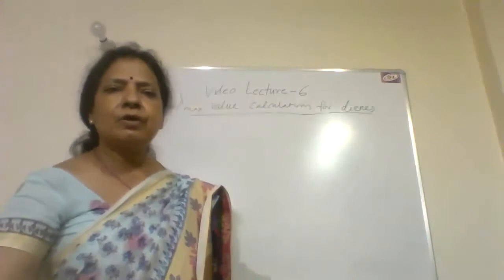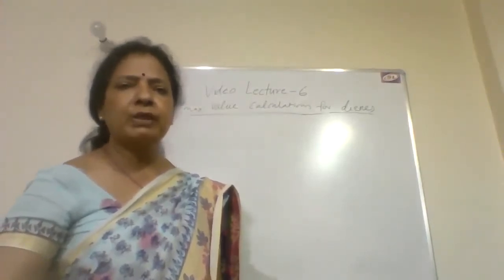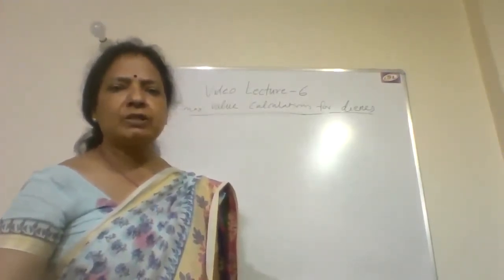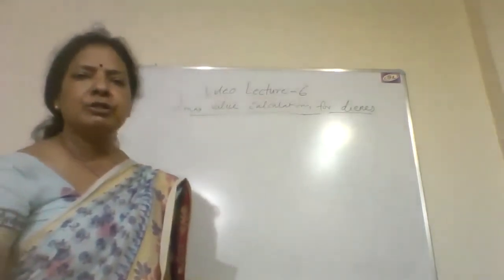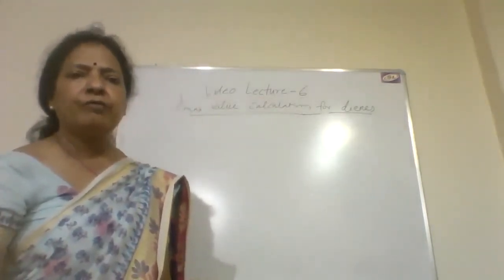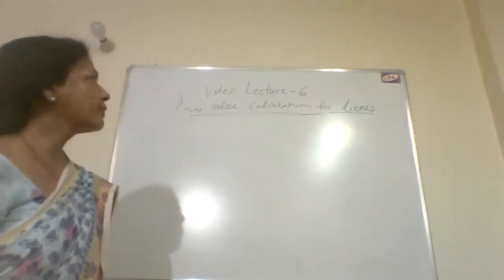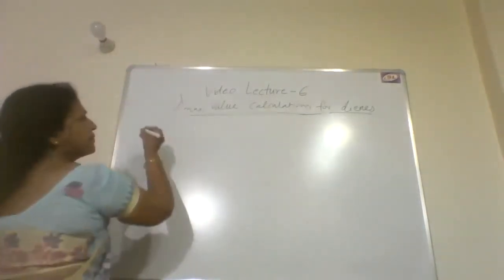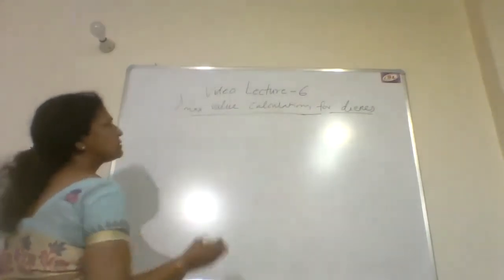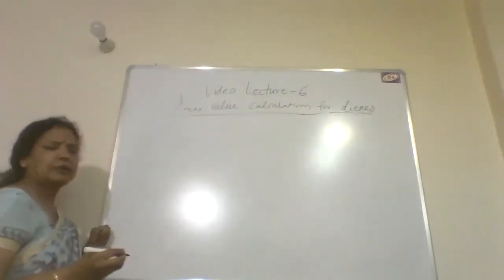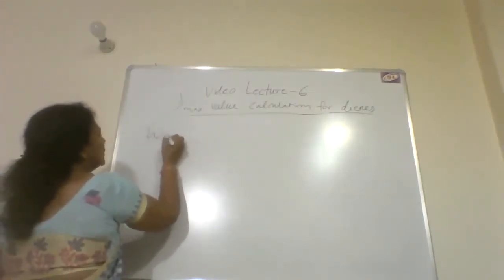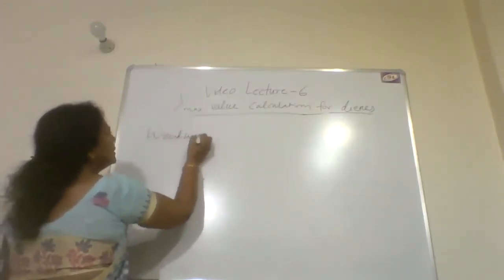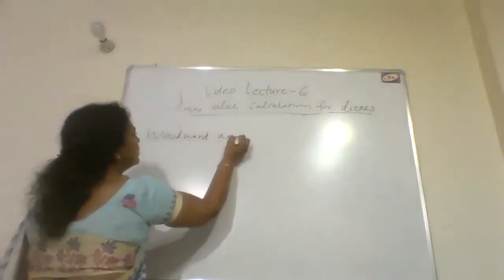In continuation of UV spectroscopy, this is video lecture 6 for lambda max calculation of diene systems. Lambda max calculation for dienes is given by Woodward and Fieser.